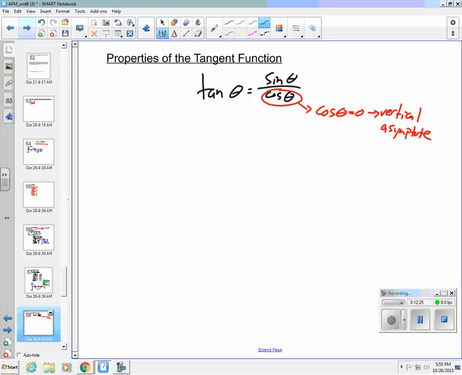So that's what we have to exclude. The sine function is on top of the rational function, so anywhere that's 0 is going to be a 0 for the tangent function. So these will start to form the shape of our graph.